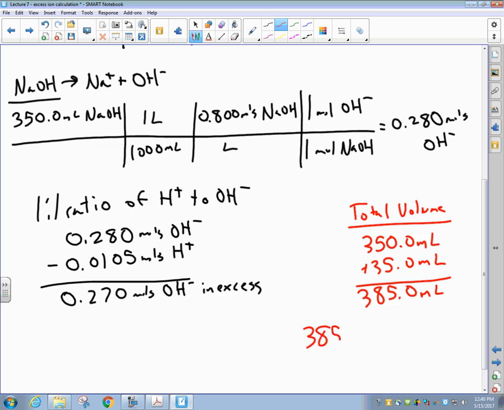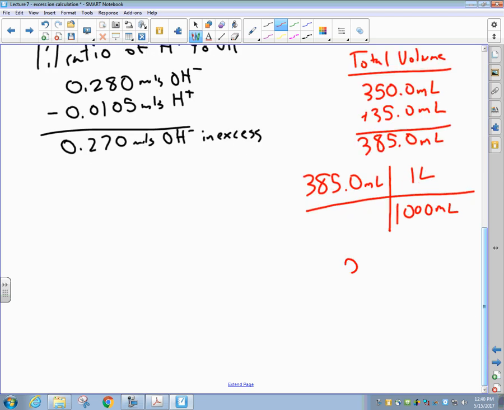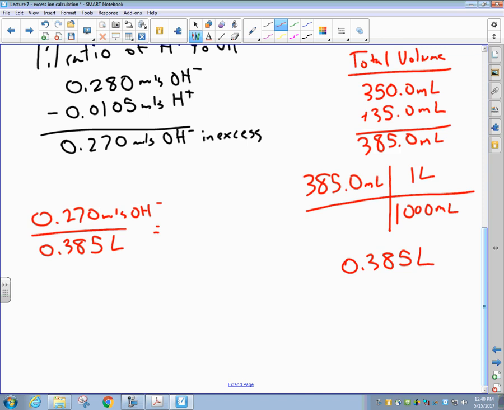Convert 385 milliliters, 1,000 milliliters in 1 liter, and that gives me a volume of 0.385 liters. I'll take my moles, 0.270 moles of hydroxide, divided by my total volume of 0.385 liters, and that gives me a final answer of 0.688 molar OH in excess.